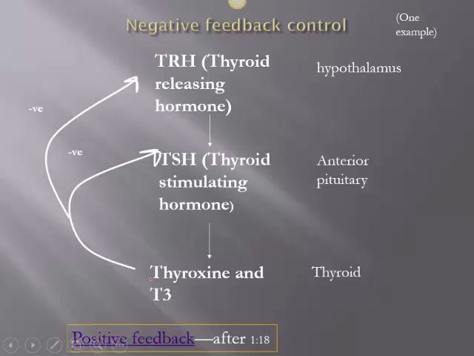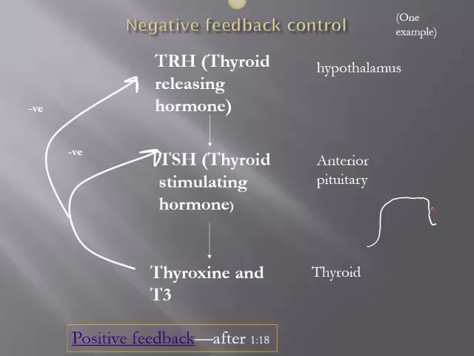When the levels of thyroxine and T3 in the blood get to optimum levels, that circulates and goes back and inhibits the release of TRH as well as inhibits the release of TSH. So therefore, no more TRH and TSH, which means the thyroid gland is no longer stimulated, so the levels will begin to fall.